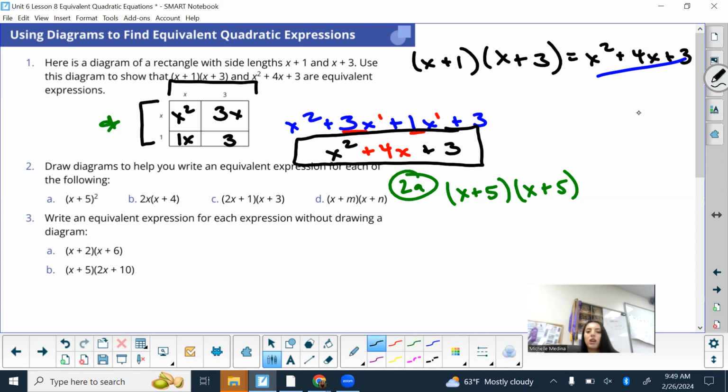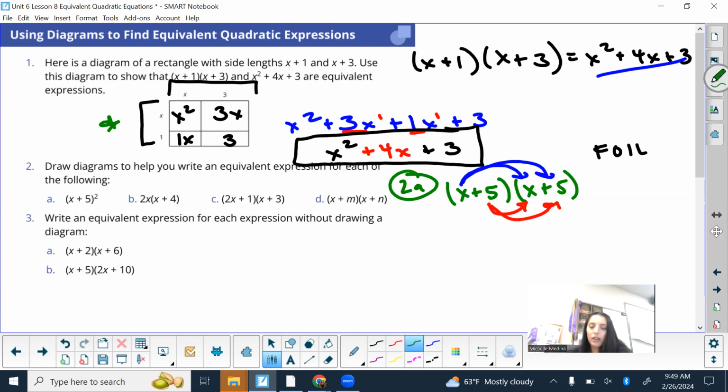But I would also take this opportunity to show that you could also just look at this as a double distributing, meaning take the first term from the first parentheses, multiply it by both of the terms in the second parentheses, then take the second term, multiply it by the other terms. This is also known as foiling too, first, outer, inner, last, because that happens to be the order that we're multiplying, but I think I'll save the foiling terminology for tomorrow.